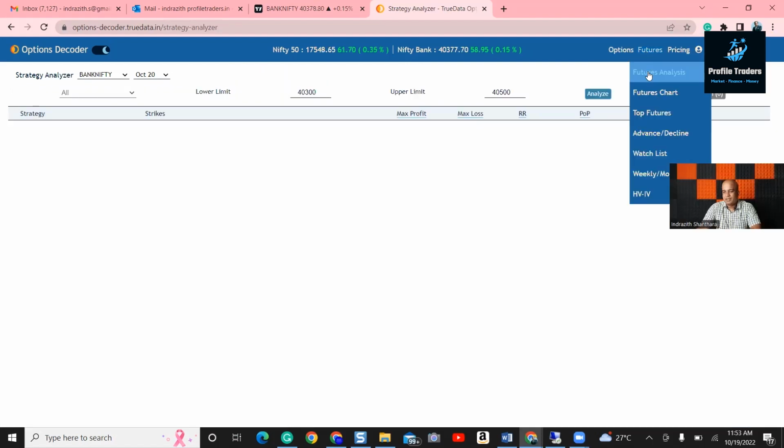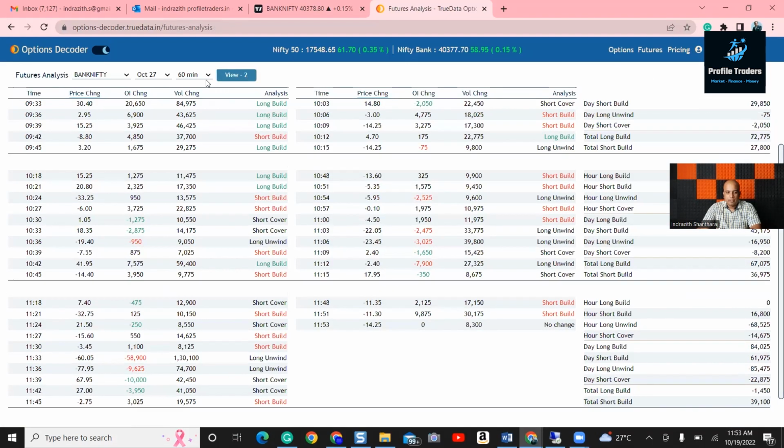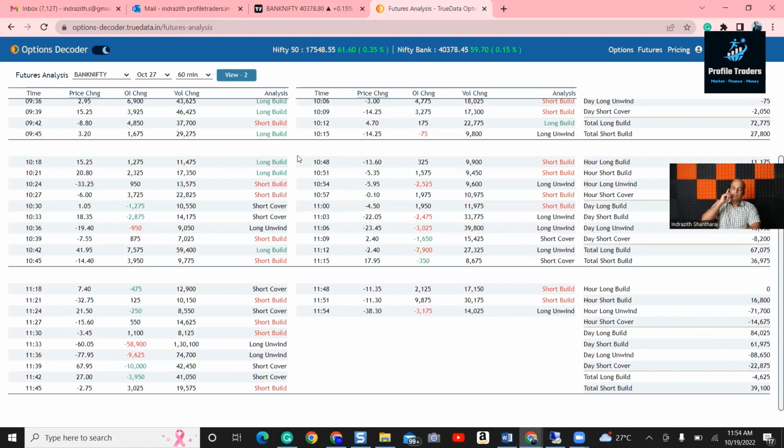Futures analysis is very straightforward. Whenever the future price is increasing and OI is increasing, it means it is bullish. Whenever the future price is falling and OI is increasing, it means it is bearish. But whenever the future price is increasing but OI is falling, it means short covering. Whenever the future price is falling and OI is also falling, it means long covering, long liquidation.